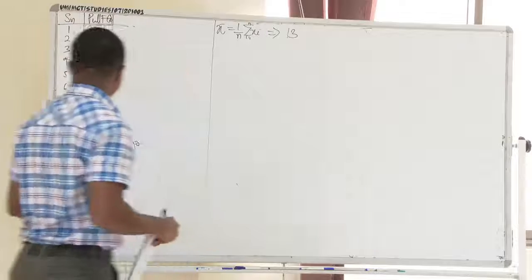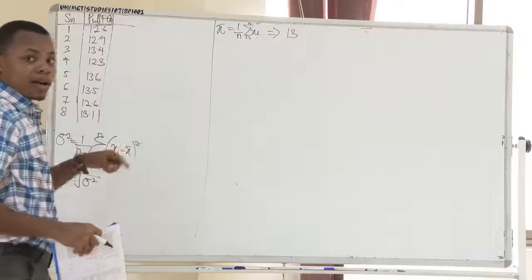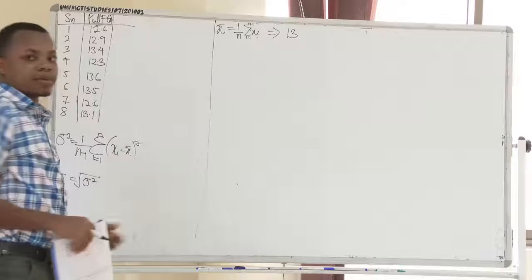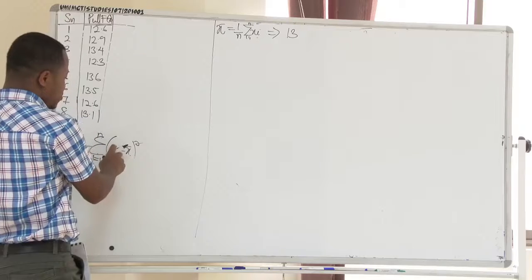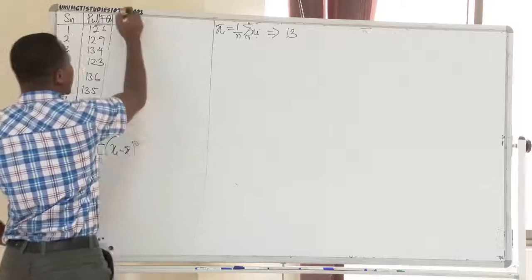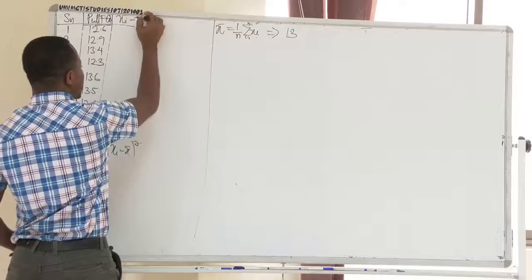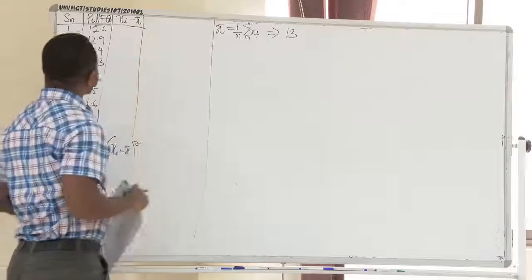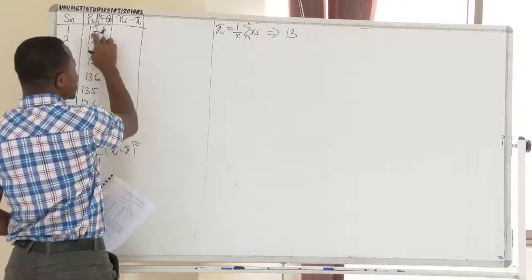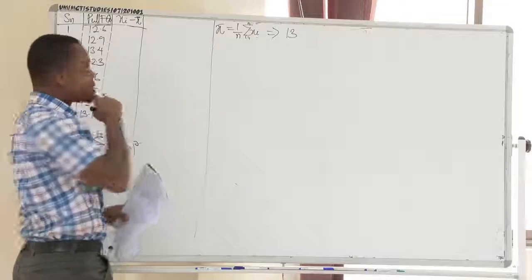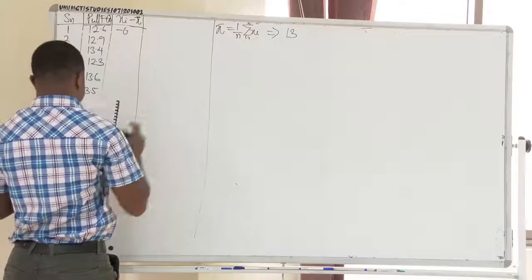Now all that we have to do is estimate the remaining term. We need the difference between each xi and the mean, which can be represented as xi minus x bar, and this will be one column. The first one will be 12.6 minus the mean of 13, so the first is negative 0.4.